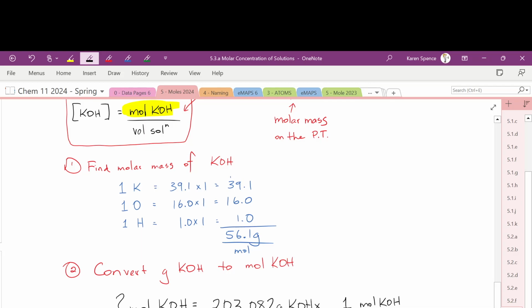And what number goes with the grams? 56.1. Excellent. 203.082 divided by 56.1 equals 3.62 moles of KOH.